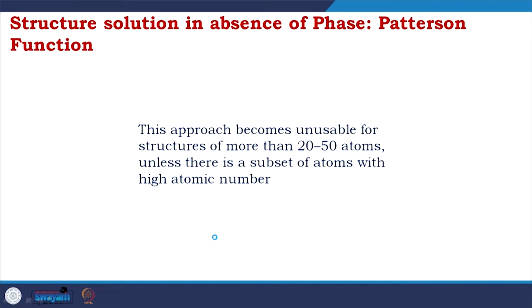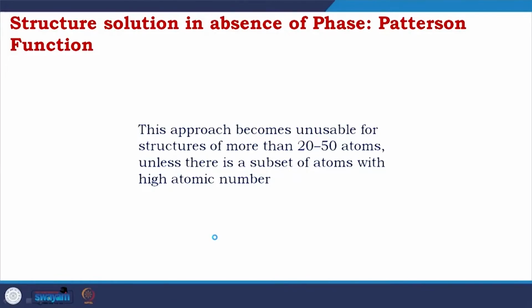So, two things: one, for small molecules this is good, you understand it. A second thing is coming, which is great, and which is now what the Patterson is used for in protein crystallography. If you see again, this approach becomes unusable for structures of more than 20 to 50 atoms. So, for structures of 20 to 50 atoms it is usable, but this is one part.